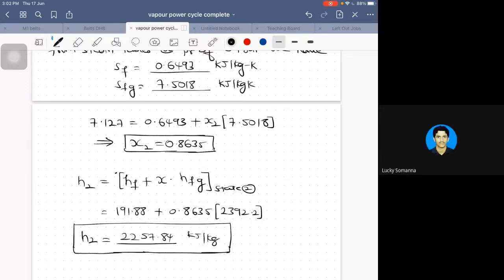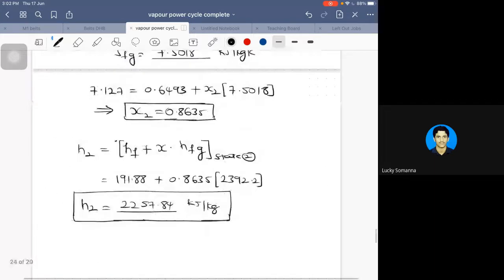So we have successfully calculated h1. h1 was given directly. h2 we have calculated. Now you try for h3 and h4.